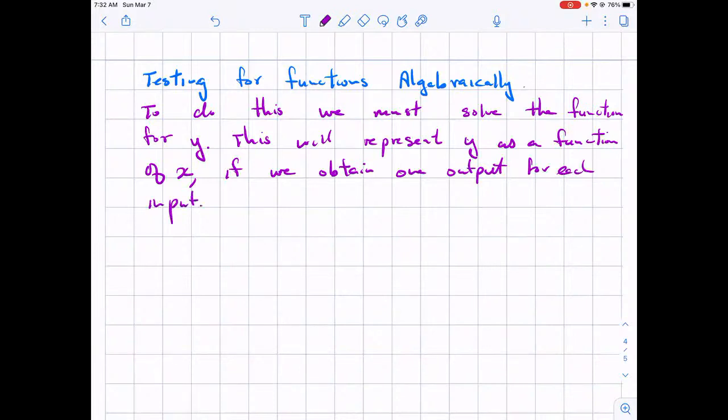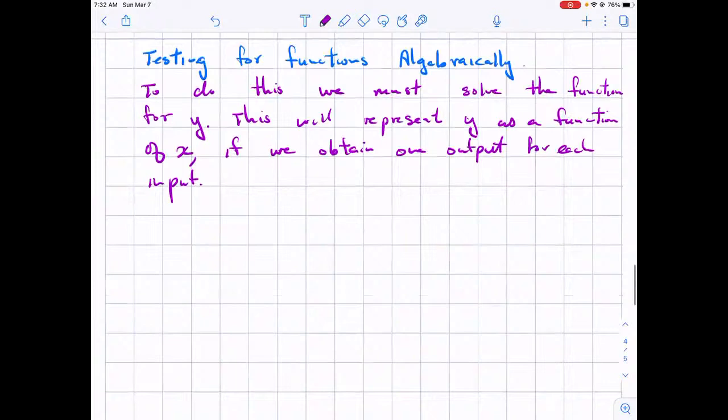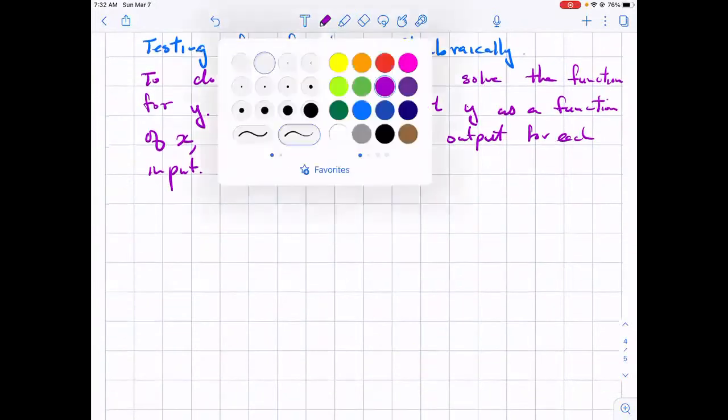Let's see what that means. Let's look at an example.